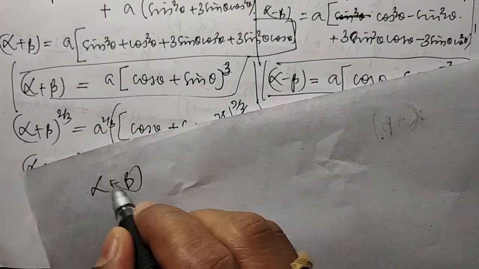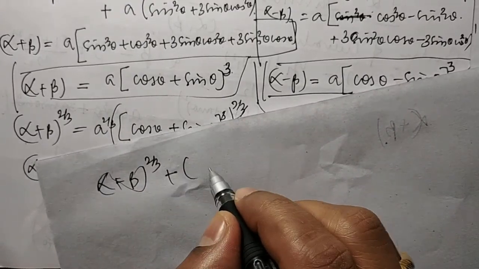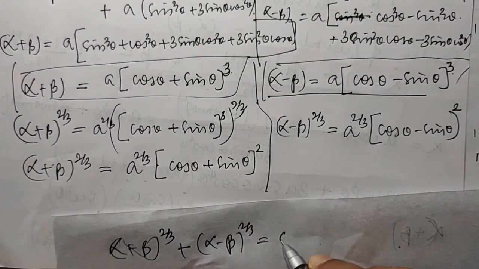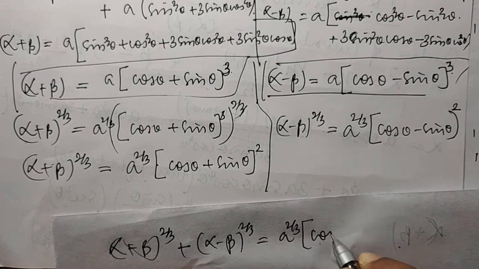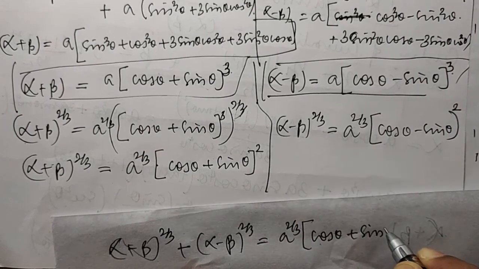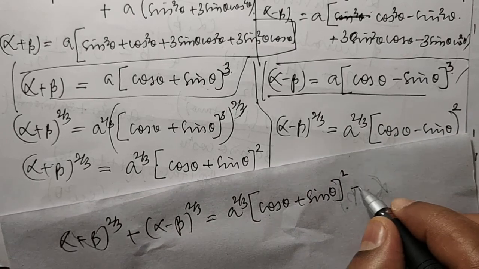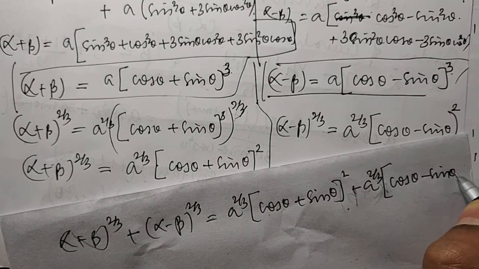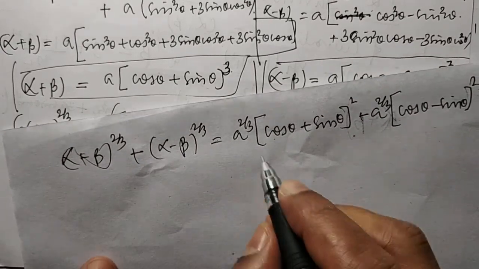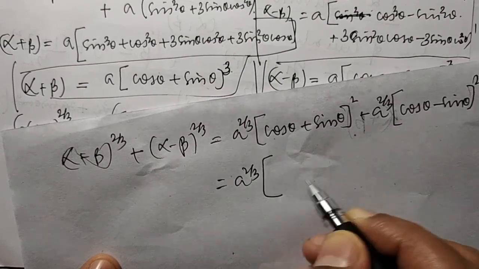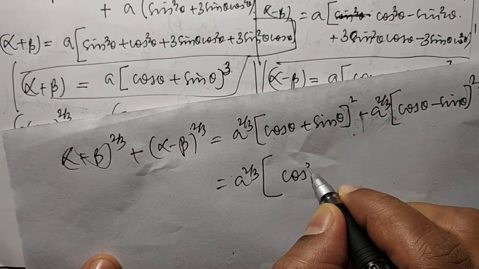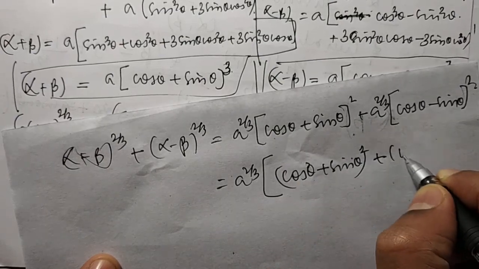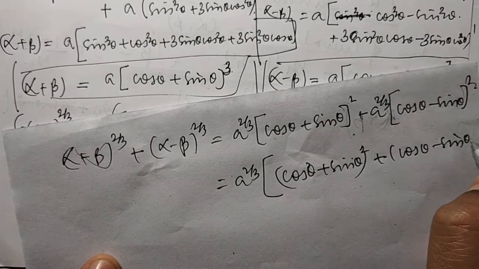When we add these two results, alpha plus beta raised to 2 by 3 plus alpha minus beta raised to 2 by 3 is equal to a raised to 2 by 3 into cos theta plus sin theta the square plus a raised to 2 by 3 into cos theta minus sin theta the square. Therefore, a raised to 2 by 3 is common, and inside the bracket we get cos theta plus sin theta the square plus cos theta minus sin theta the square.